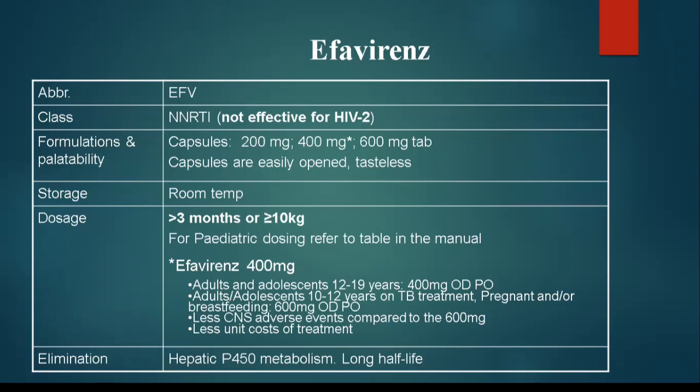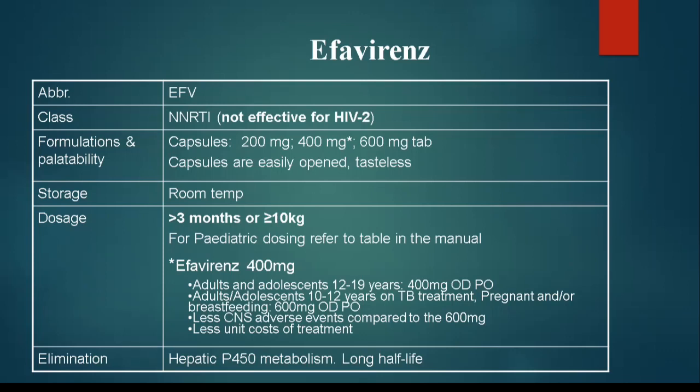So this simply means for those children or for those adolescents and adults who have been on TB treatment for 10 to 12 years, we can give 600 milligrams per oral OD. Or for those breastfeeding or pregnant women, we can give it at 600 milligrams per oral.